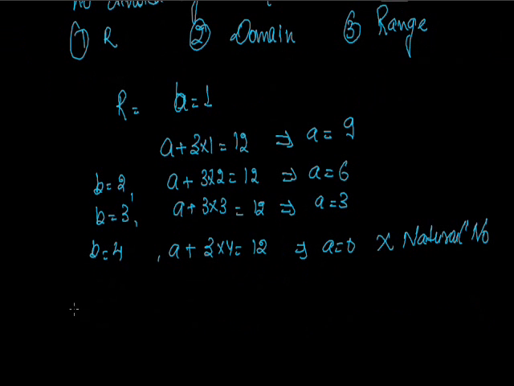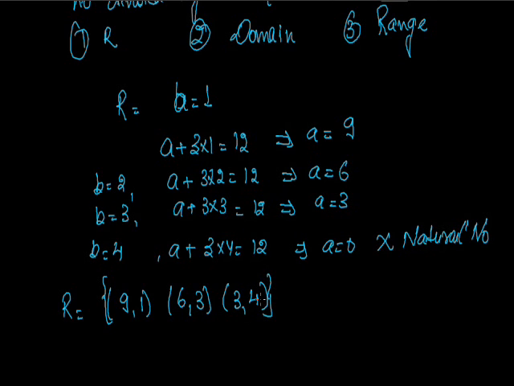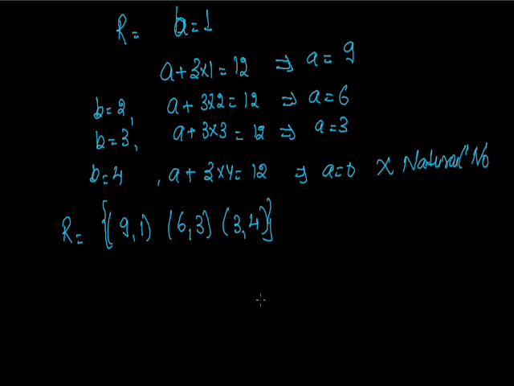So relation became, when A is equal to 9, B is equal to 1. When A is equal to 6, B is equal to 2. And when A equals 3, then B equal to 3. So this is the relation we make. First question is done. This is a relation.